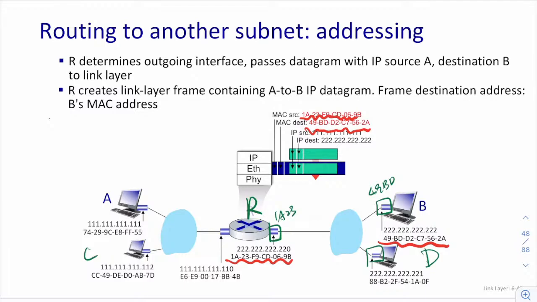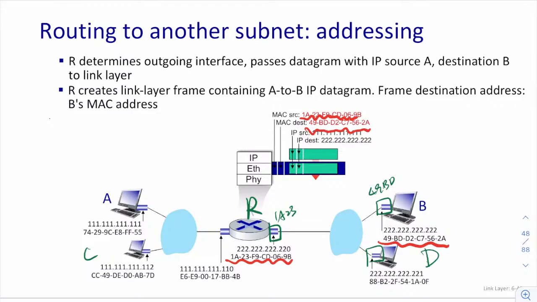So every time a router receives a packet to be routed from one subnet to the other, the router has to get this frame, unpack the frame, take a look at the destination IP address and check it against the forwarding table.